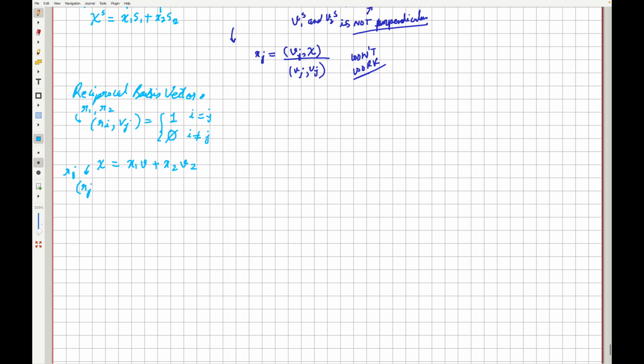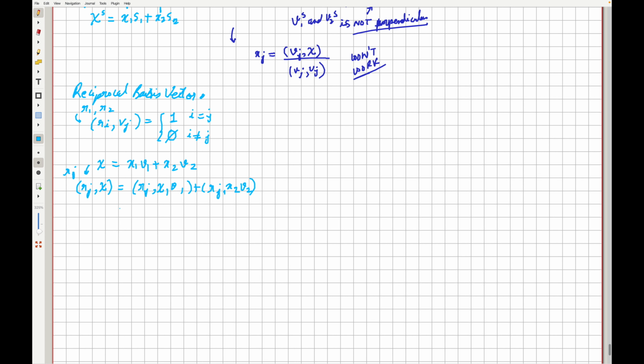We get rj dotted with x is equal to rj dotted with x1 v1, plus rj dotted with x2 v2.